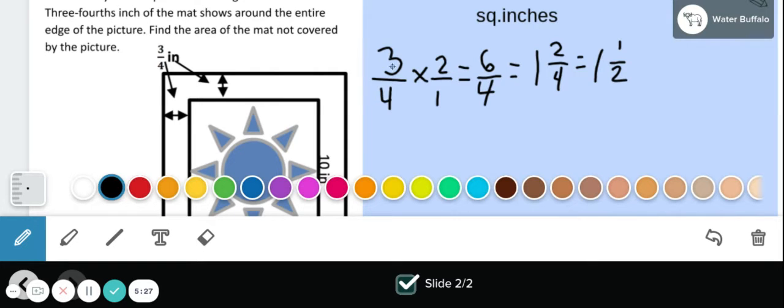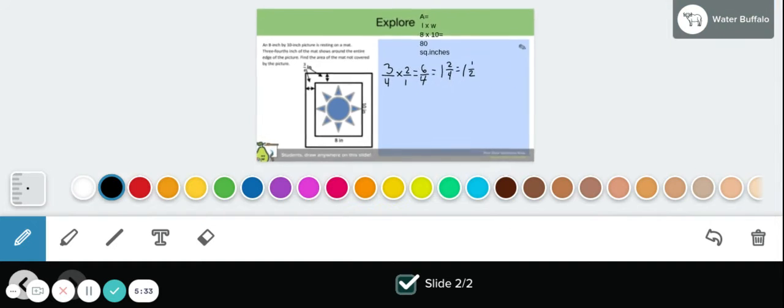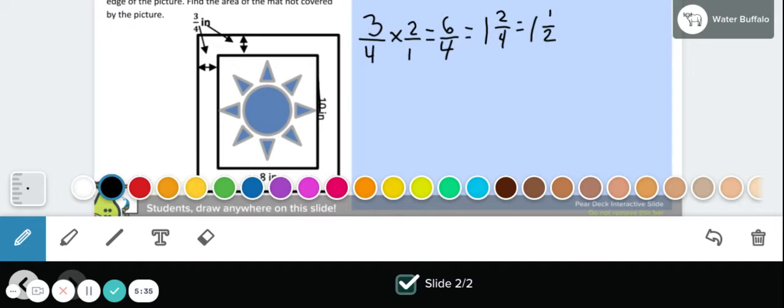So we know that the amount represented by the length, this part, is 8 inches. But if we combine the 3/4 here and the 3/4 here to that 8 inches, we're going to get a length of 9.5 inches.